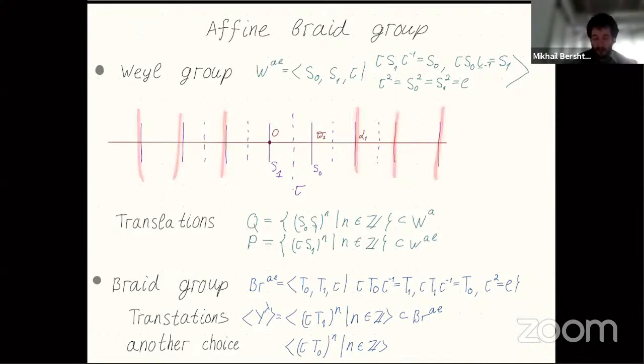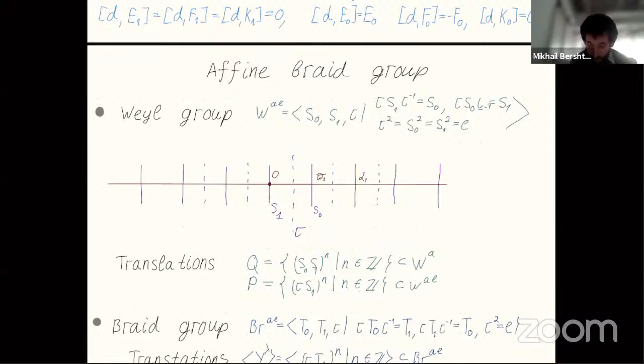There is also an automorphism which preserves the fundamental alcove, which is this segment. Clearly this is a reflection with respect to the center of this segment, and this reflection is denoted by tau. It permutes these two points, so it permutes reflections S1 and S0. So we have tau S1 tau inverse is equal to S0.